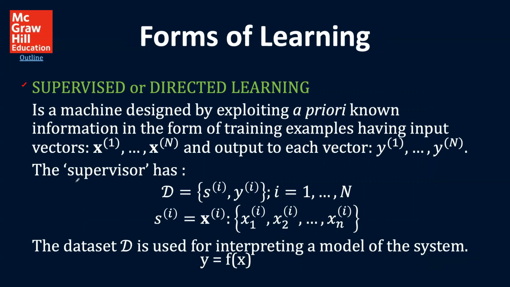The supervisor has these kinds of characteristics. The data set D is used for interpreting a model of the system. A key thing that we're going to be doing is trying to create a model of how we would generate the outputs when we're given the inputs based on this function, this f of something.